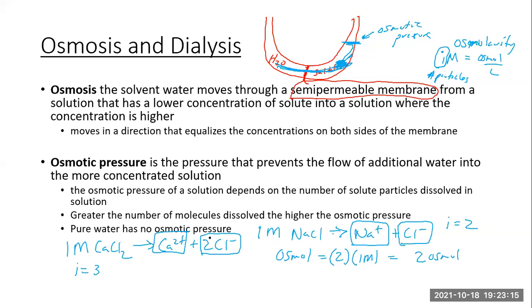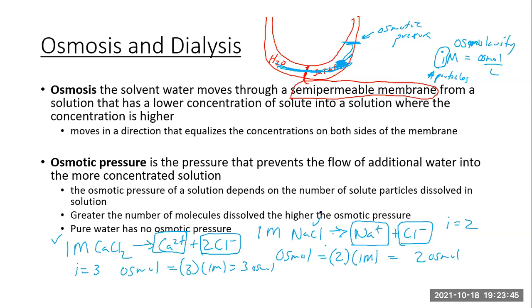So the osmolarity of our calcium chloride solution would be 3 times 1 molar, which would give me 3 osmolarity. We would expect this one to have a greater osmotic pressure than the sodium chloride. Again, it's related to how many particles are floating around in that particular solution.